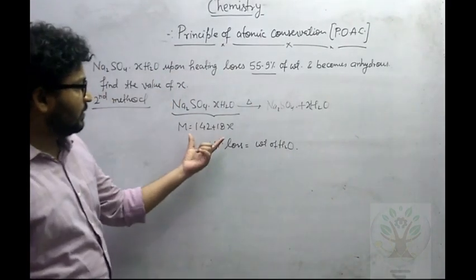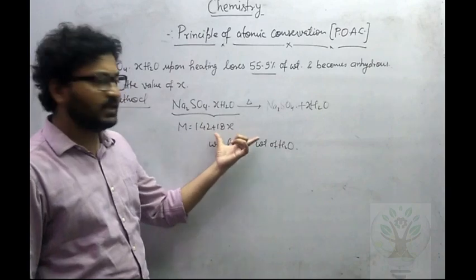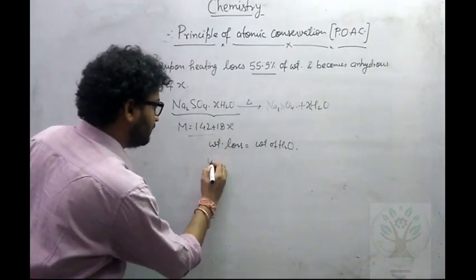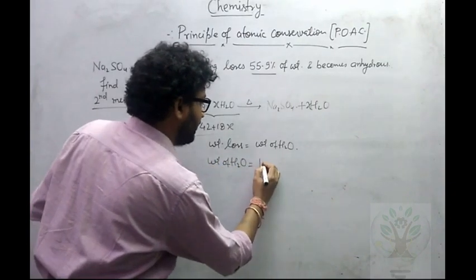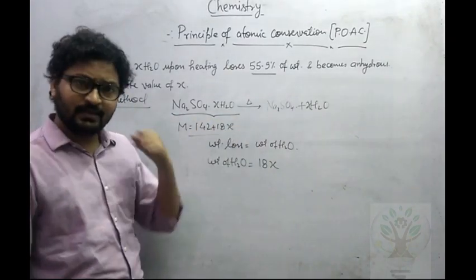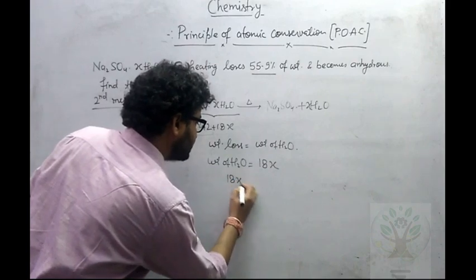Now what is the molecular mass of this molecule? This entire molecule has mass 142 plus 18x. Now can you tell me how much weight of water is present here? It will be 18x. Out of this, the weight of water is just 18x.